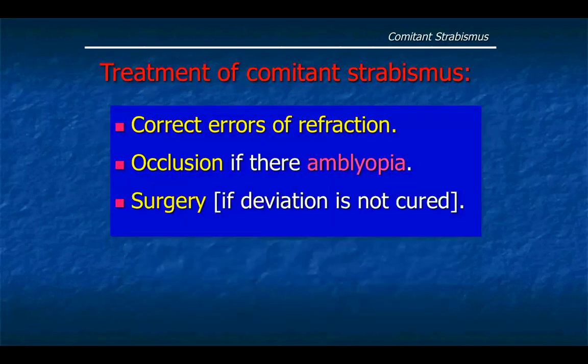Treatment of comitant strabismus. If there's an error of refraction, we need to correct it by giving the patient the proper glasses. If there's amblyopia, we do occlusion of the sound eye to improve vision in the amblyopic eye. And if after giving glasses and occlusion, still there is persistent strabismus, surgery is indicated.